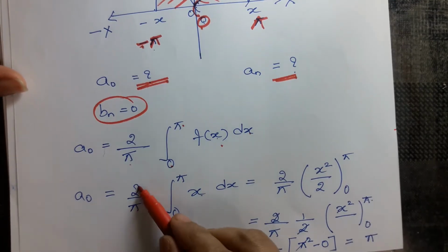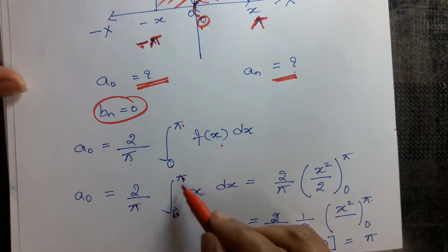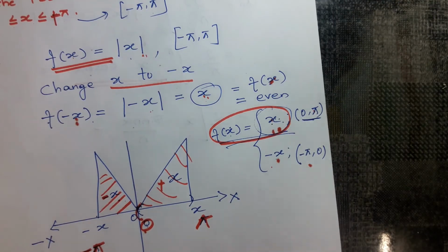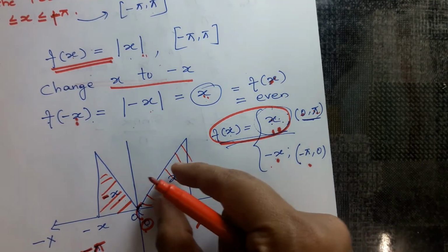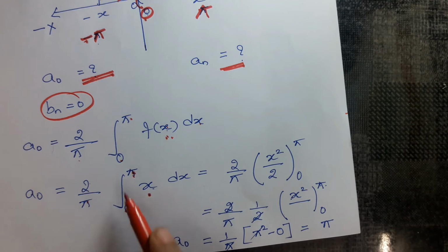So 2 by pi integral 0 to pi. Over the interval 0 to pi, what is the value of f of x? Look at this as I explained. Over the interval 0 to pi, f of x value is plus x, correct? So I will substitute f of x as plus x. Now I will integrate this, 2 by pi as it is.